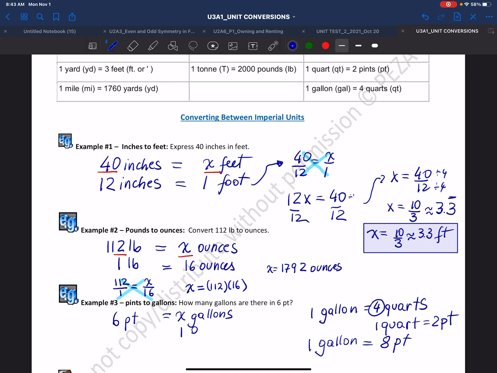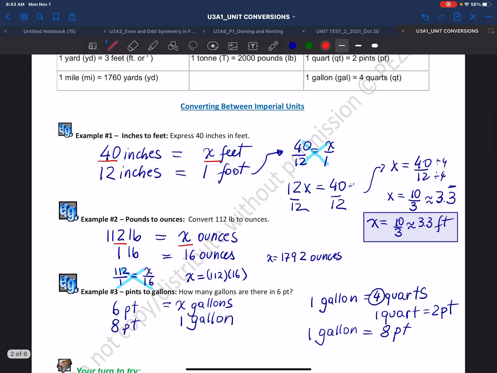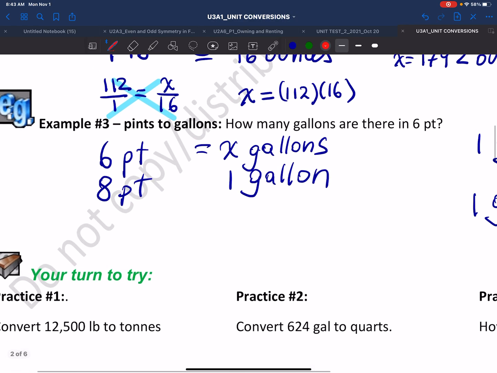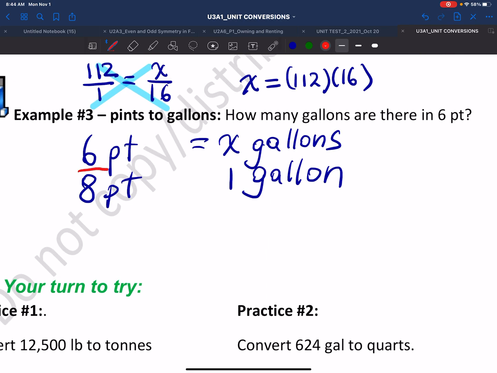So again, we create the equation, make a fraction on its side, and we have 6 divided by 8 equals x over 1.